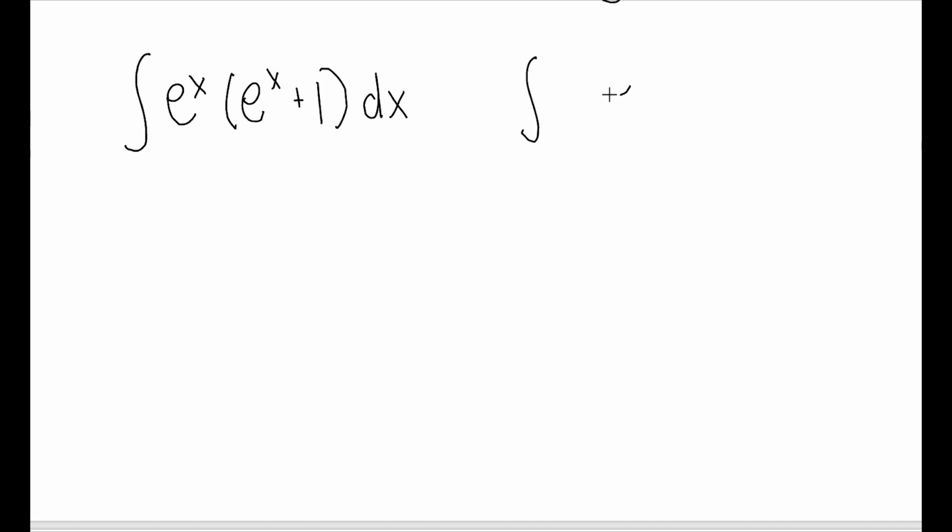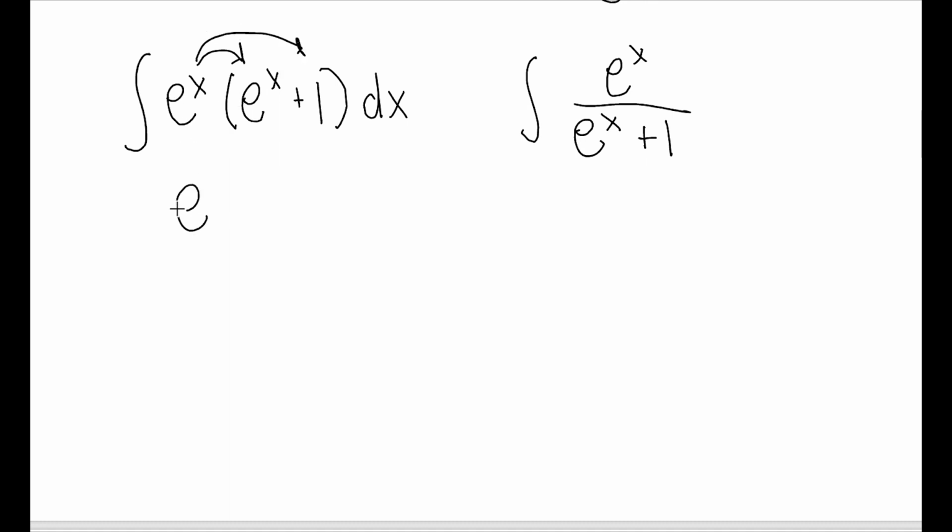So I don't have an example necessarily, but I just wanted to show you that if you got an example that looked like this, or this, you want to either distribute if you're multiplying before you integrate.